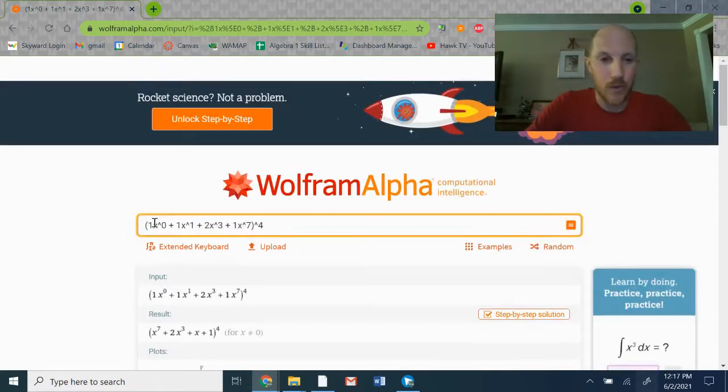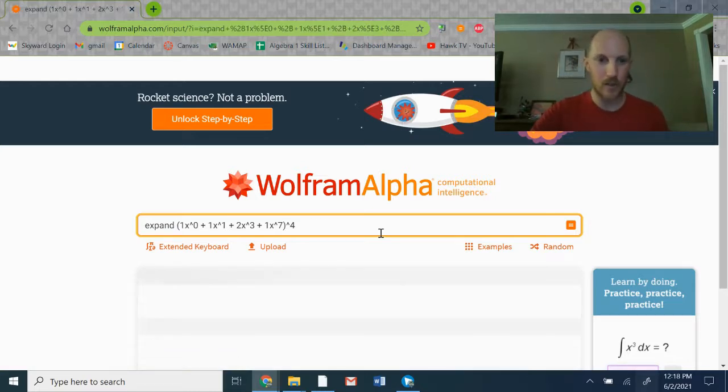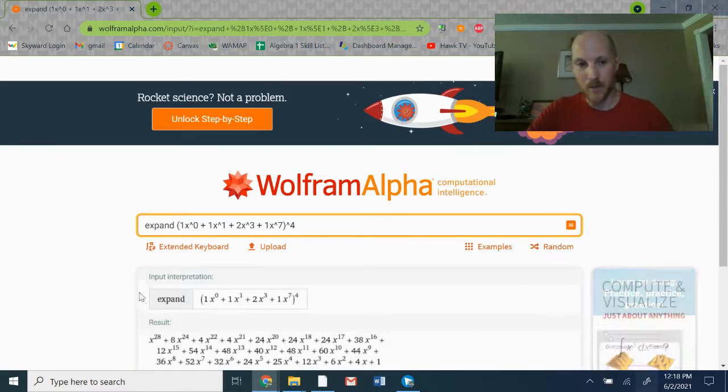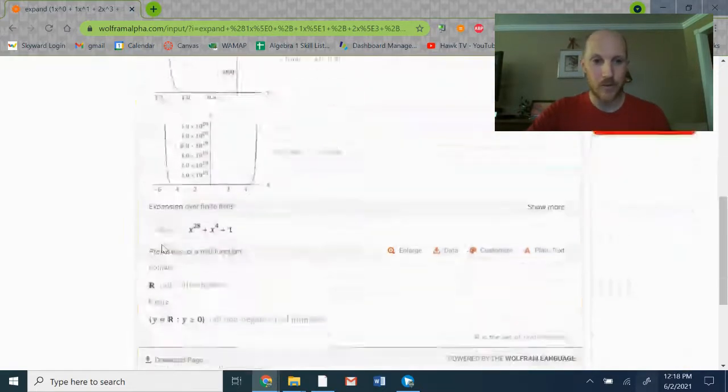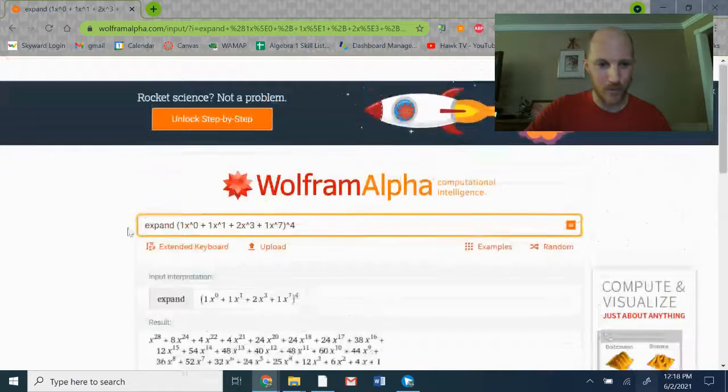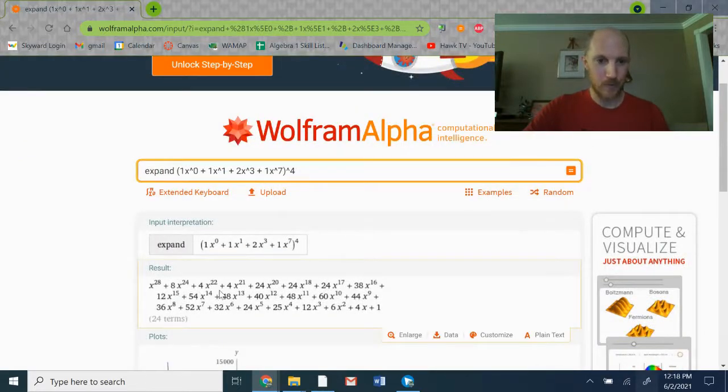But if you want to give it some directions, before you type in the polynomial model, just type the word expand, and that'll give it some directions. So if I had typed expand and then the same polynomial model, hit enter, now it's going to put that expansion at the top, and so I don't have to search for it, which is nice. And then it still does a bunch of other math afterwards, but I want this expansion.